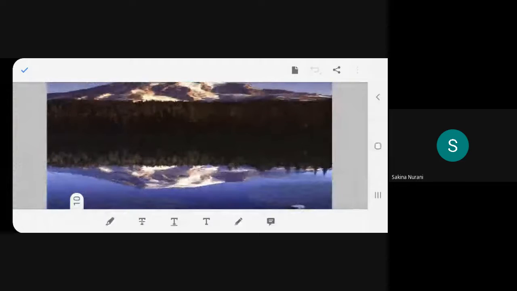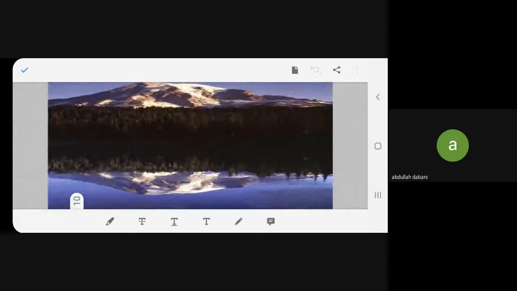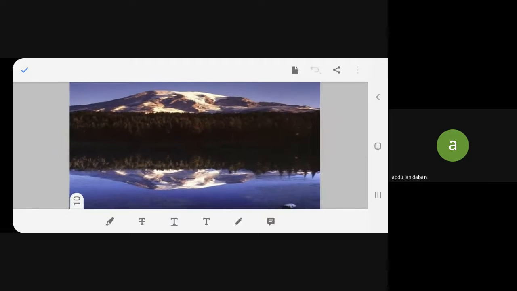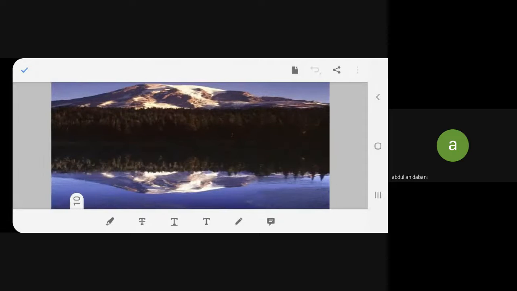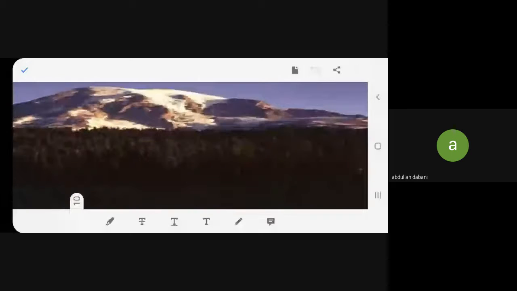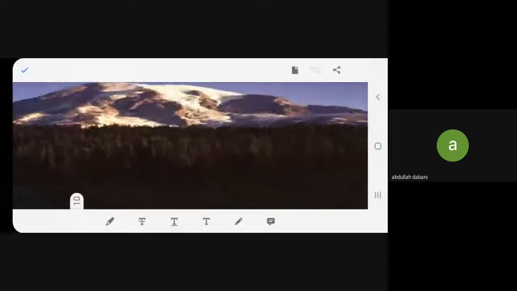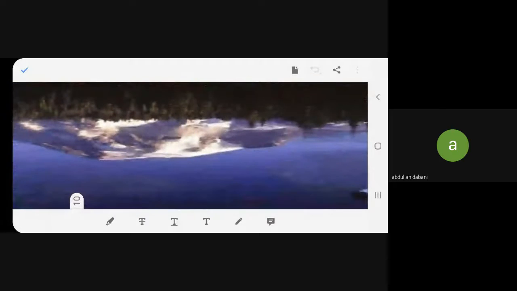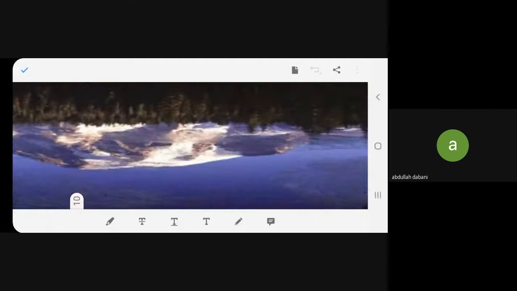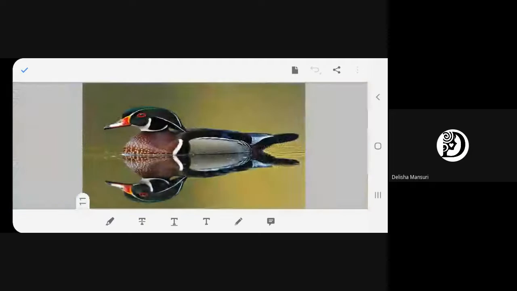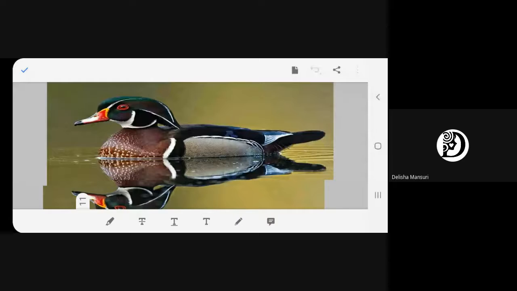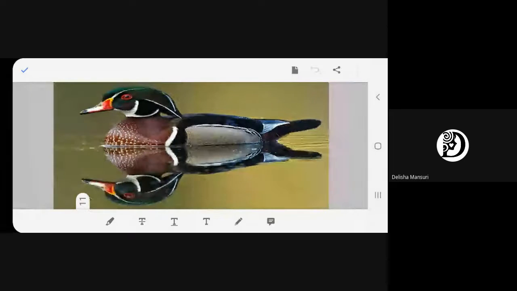What is this? What can you see? Reflection of a mountain in the forest. Can you see this? Beautiful. This is the object and this is the image. Yes or no, beta? Same thing you can see over here. How beautiful it looks.